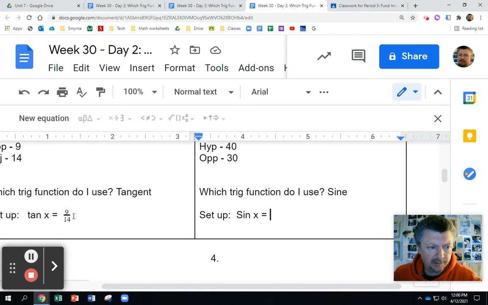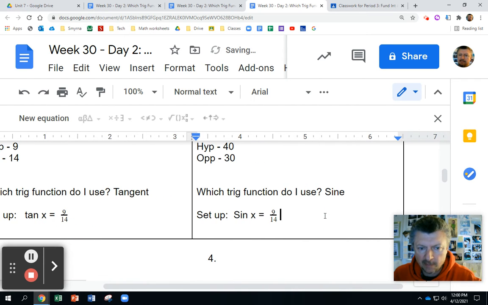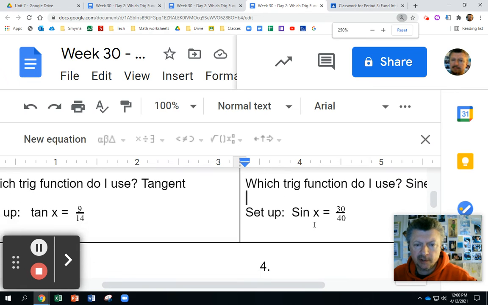I'm just going to copy that fraction. We could reduce that, but we're just setting it up, so it doesn't need to be reduced right now.